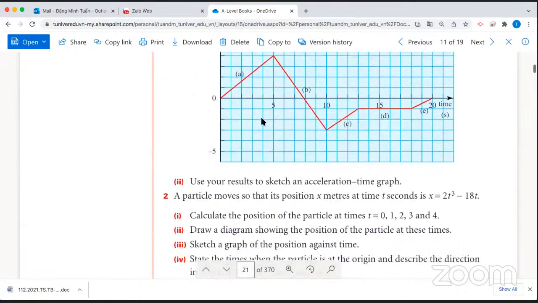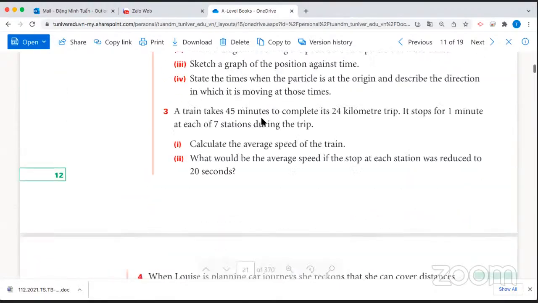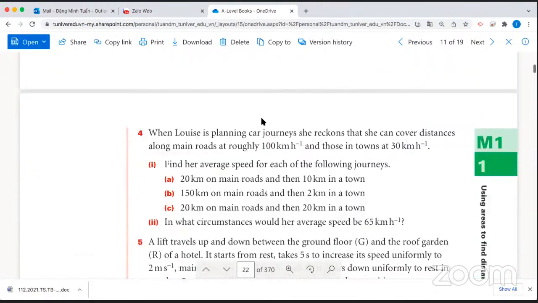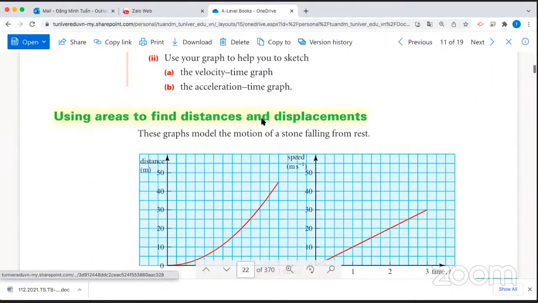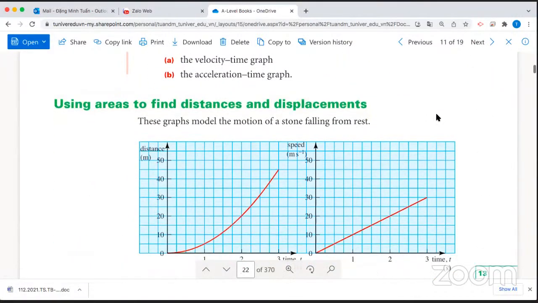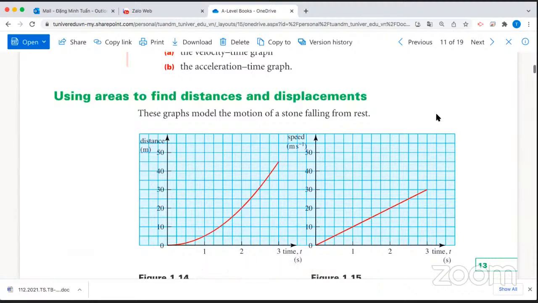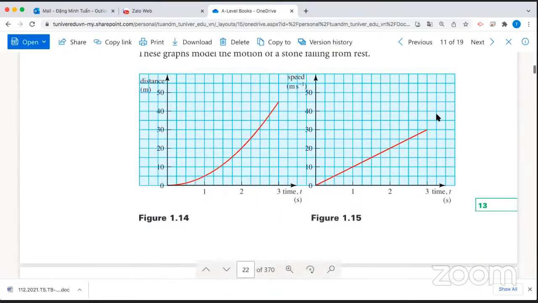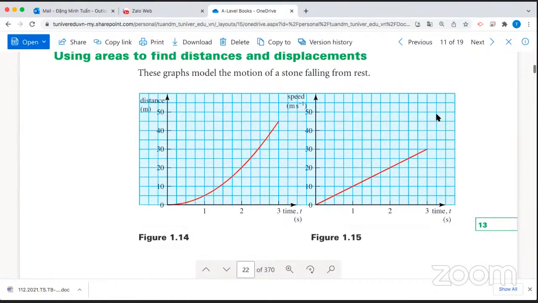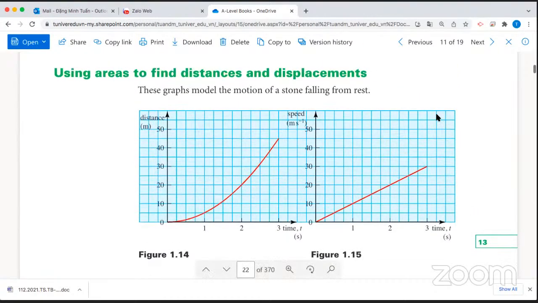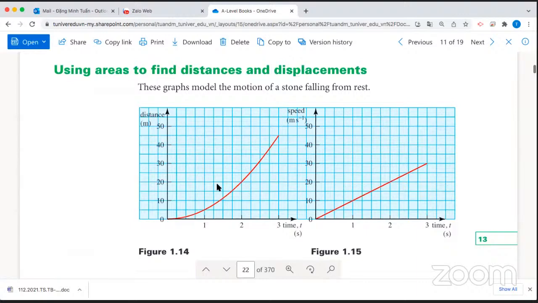Okay. Chapter 1 here, this one you can apply. Now, I told you that you use the area to find distance and displacement. Look at this one for the graph of speed and distance. From the speed time graph, the second one here, you can also find the distance traveled over the whole journey.